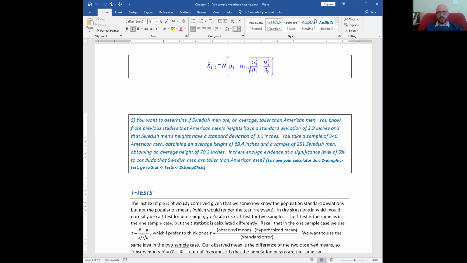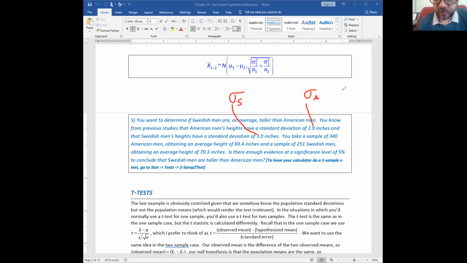These are going to be a little bit big when I label them, but that's okay. American men's heights have a standard deviation of 2.9 inches. I'm going to call that sigma sub A. Sigma sub A is 2.9. Sigma sub S is going to be 3.